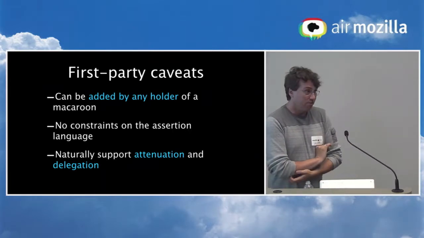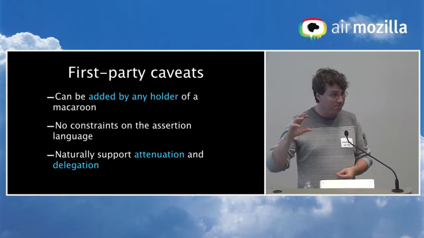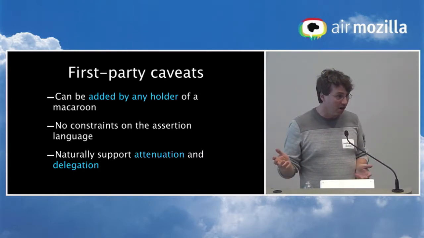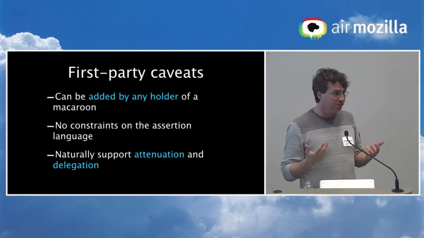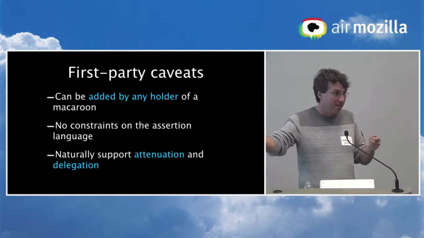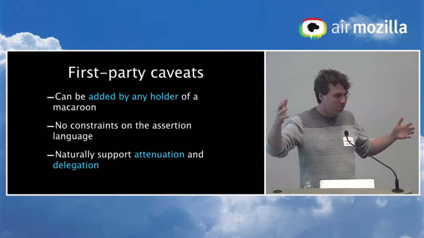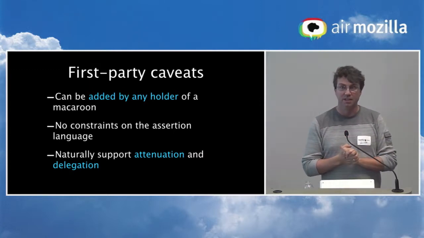Now these we call first-party caveats because they're really intended for the service that is minting these macaroons. They can be added by anybody later on. So you can imagine that if, say, your car minted macaroons that allow driving the car, you could add all kinds of caveats before you hand that macaroon over to the valet: how long is this good for? Only tonight, only within this region around the restaurant, and so on and so forth.